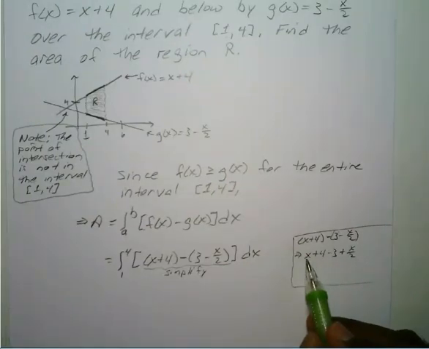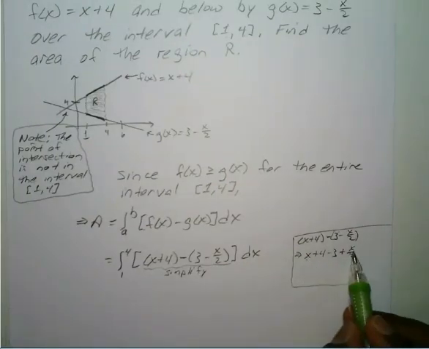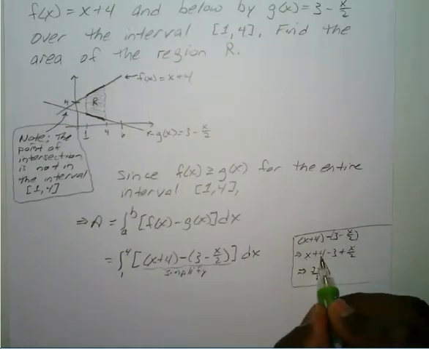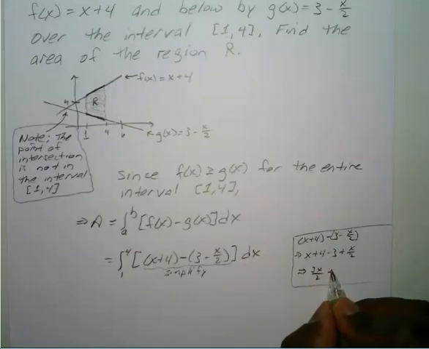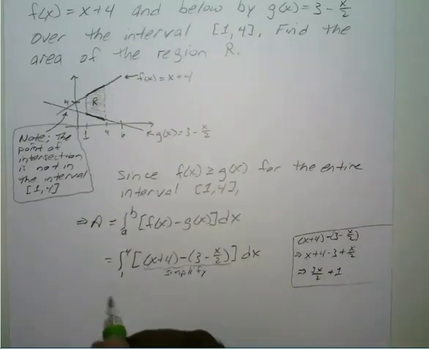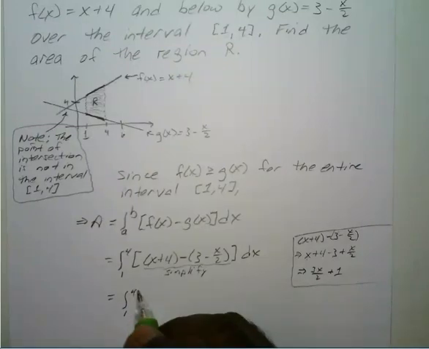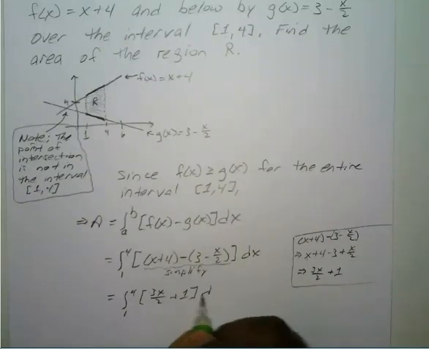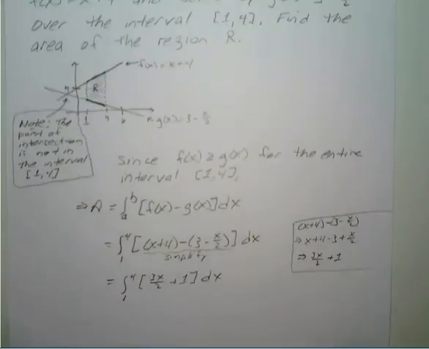If we make this x 2x over 2 and add it to this x over 2, that gives us 3x over 2, and 4 minus 3 is plus 1. So this becomes the integral from 1 to 4 of 3x over 2 plus 1 with respect to x.